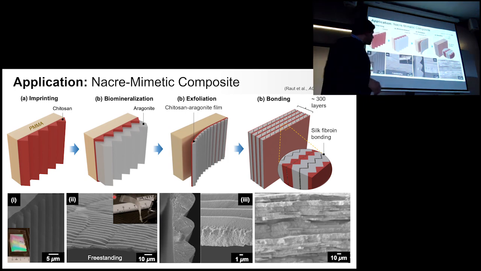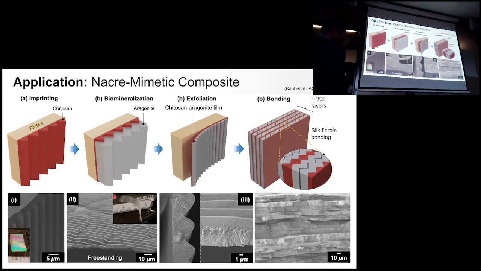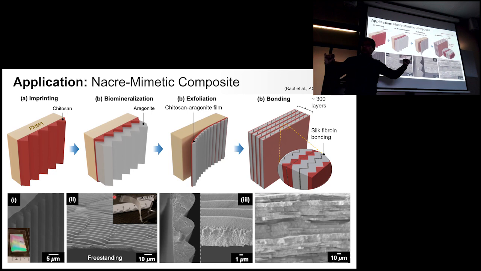How big can you peel off and flatly combine like that? In this case, we peeled off, I think, a 1 centimeter by 5 centimeter film of aragonite containing chitosan, of course. There is a chitosan backing layer, otherwise it will fracture and fall apart because these are brittle.